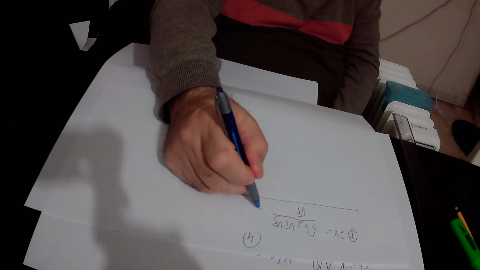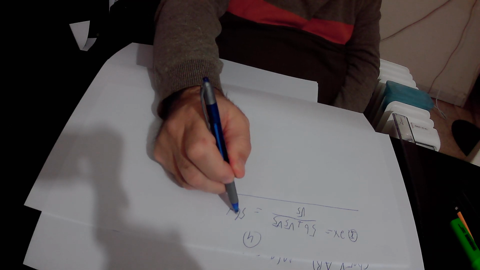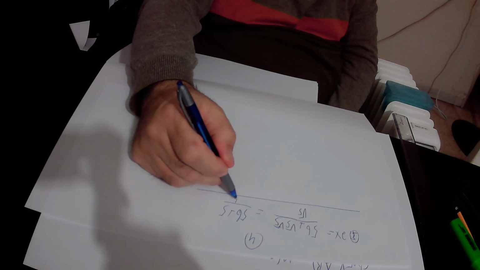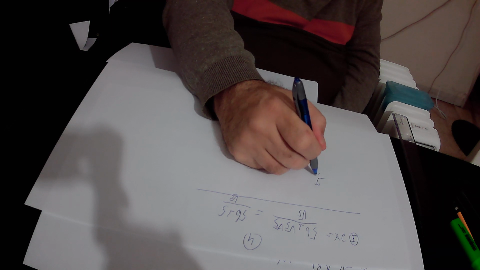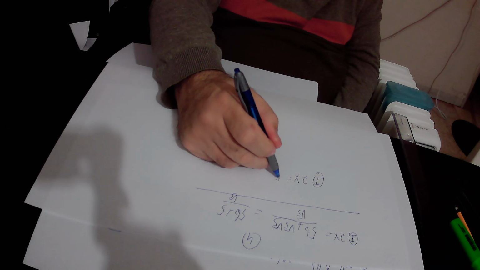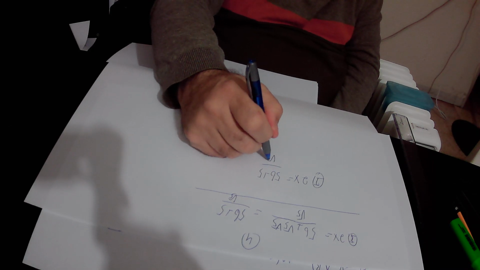That is to say, square root of 5 times square root of 5 is 5, divided by square root of 5. So 2x equals 5b plus 5 over square root of 5.